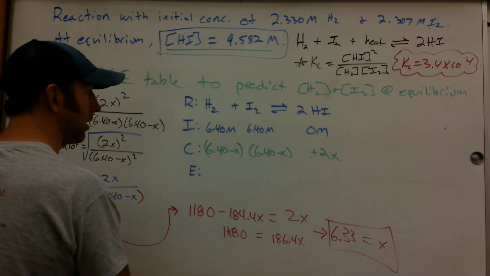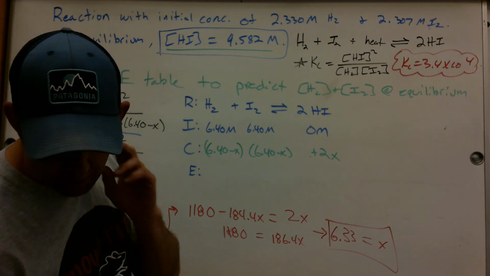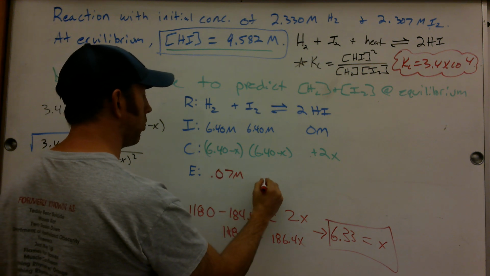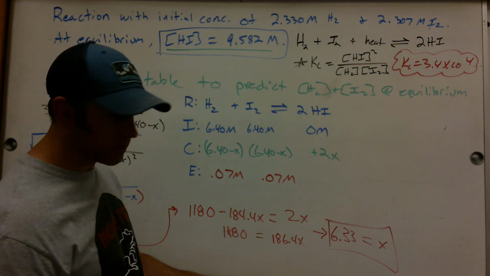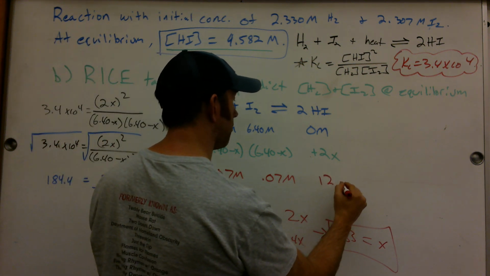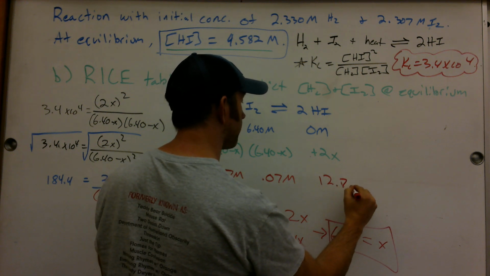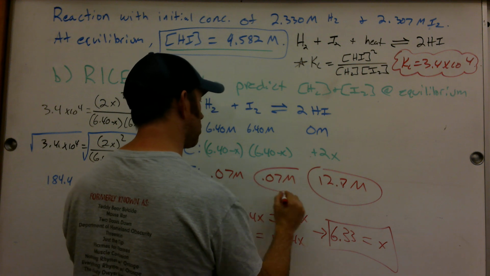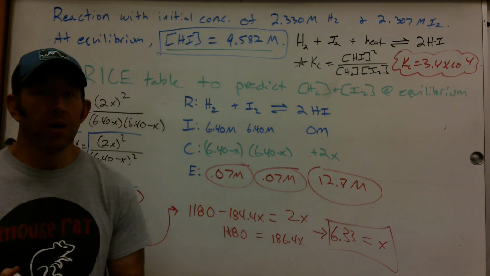And when I do that, I should get the value of 0.07 molarity, 0.07 molarity, and 12.6, or 12.7 molarity. Okay, that's what that looks like.